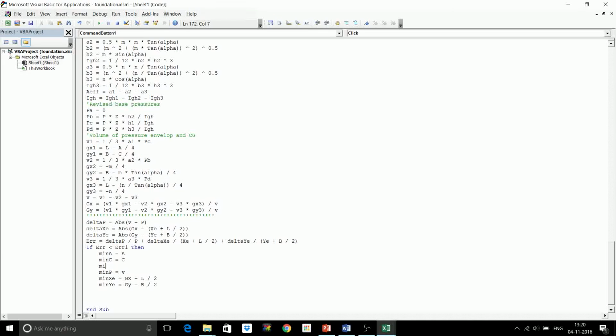Here min alpha is equal to A tan C by A.